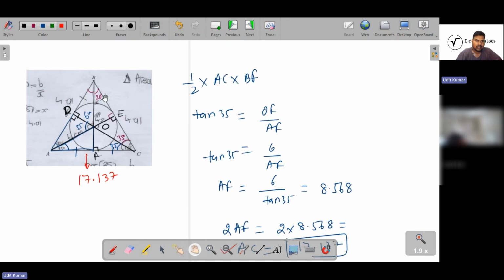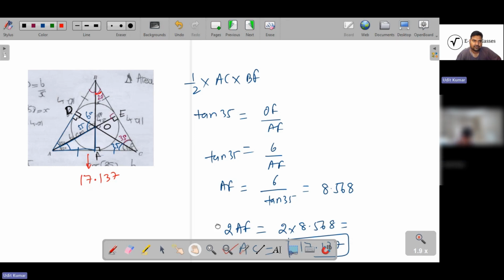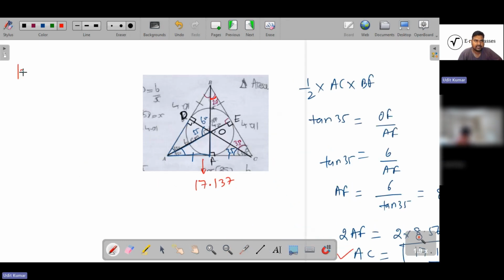Very good. Now we have to find out BF. This is 20 degrees, right? In triangle BOE, this is 90 degrees.